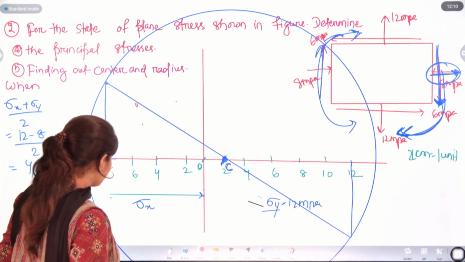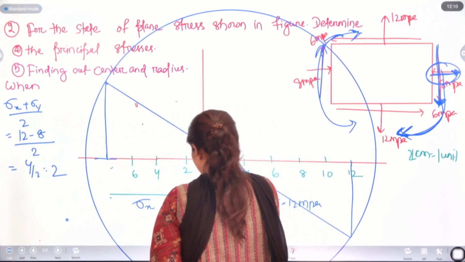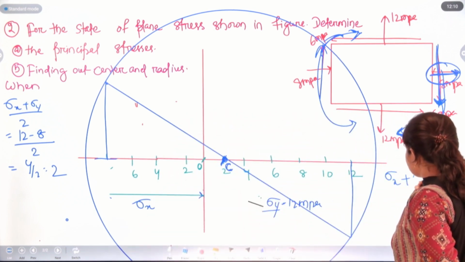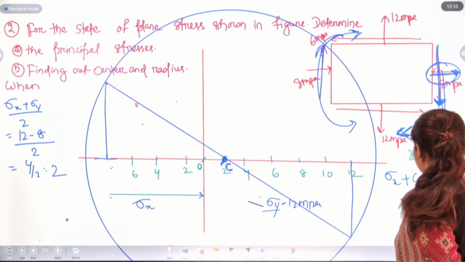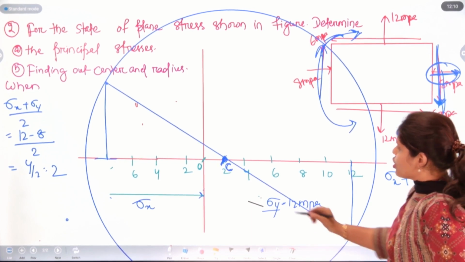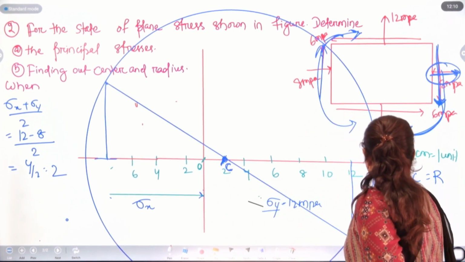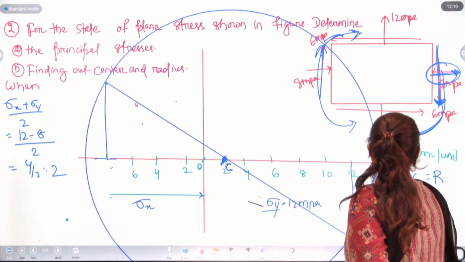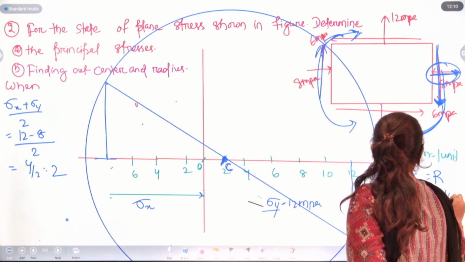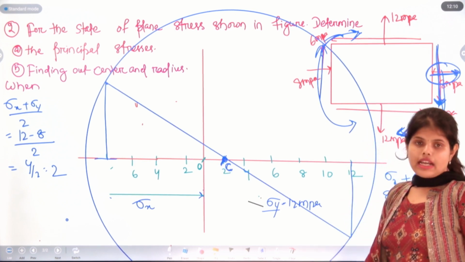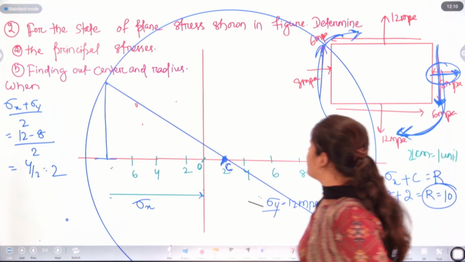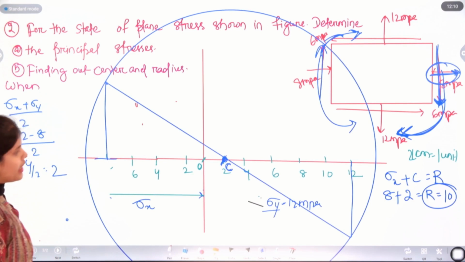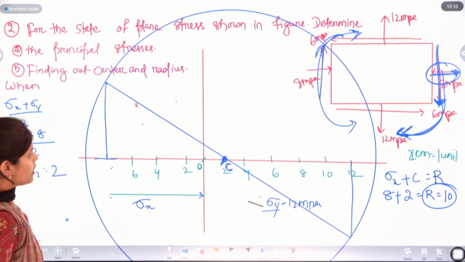If we add sigma x plus c, we will get the value of radius. So, sigma x is nothing but 8 plus this center is up to 2 point. So, radius will be 10 and center is 2. Now we have got the value of center and radius.